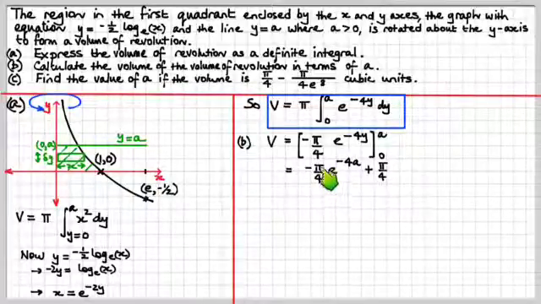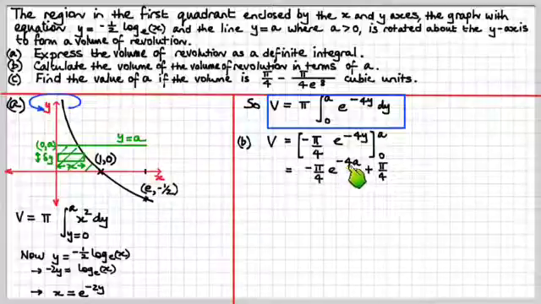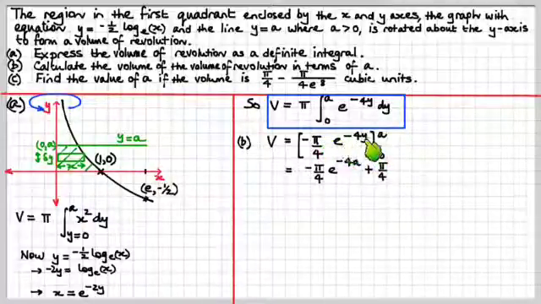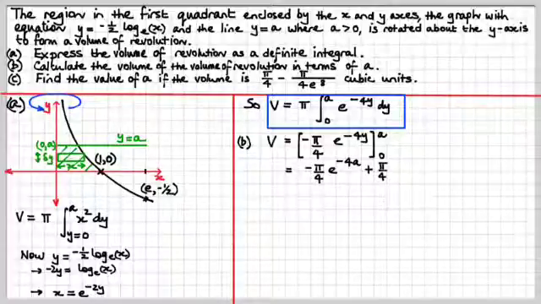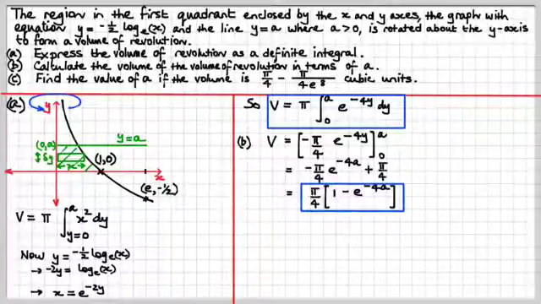If you put a in there, it's minus pi over 4 e to the minus 4a, then with 0 plugged in, plus pi over 4 e to the 0. Of course, e to the 0 is 1. Let's pretty that up and put it in a bracket with the pi over 4 taken out. And there is the answer.